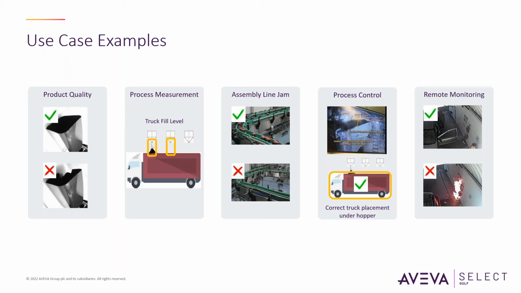This is where you can put it: some process measurement, detecting jams, for example, in an assembly line, some process control could happen. But the good thing is we can use it for remote monitoring. For example, if we have some areas where we cannot put sensors or automated equipment, and you cannot link this equipment to our system, we can simply put a camera.